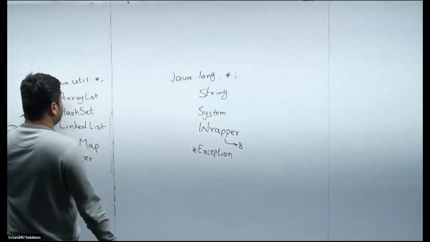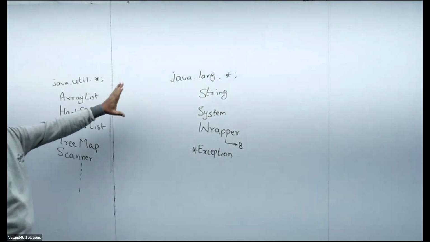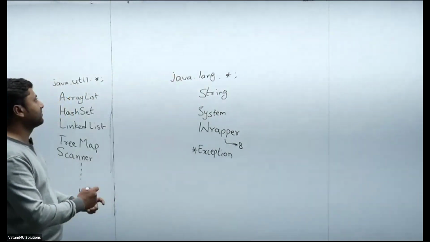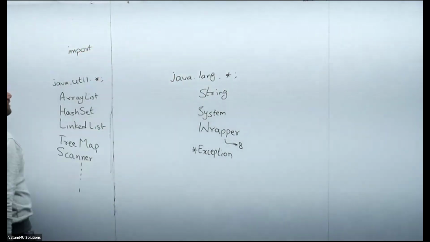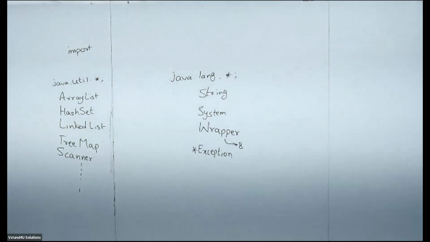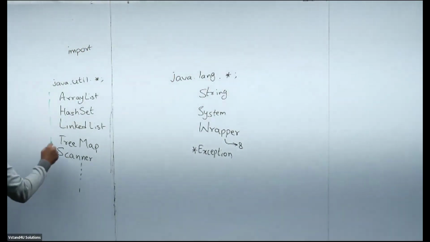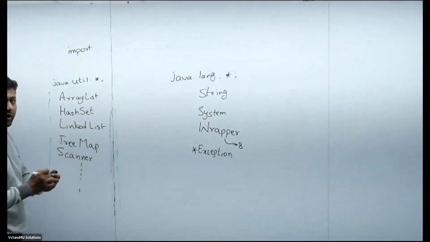If I need to access any of the classes from this package or any other package apart from lang, then I have to write one statement called import. So if I need to access these classes out of the lang package, I have to write import. What do I need to write?